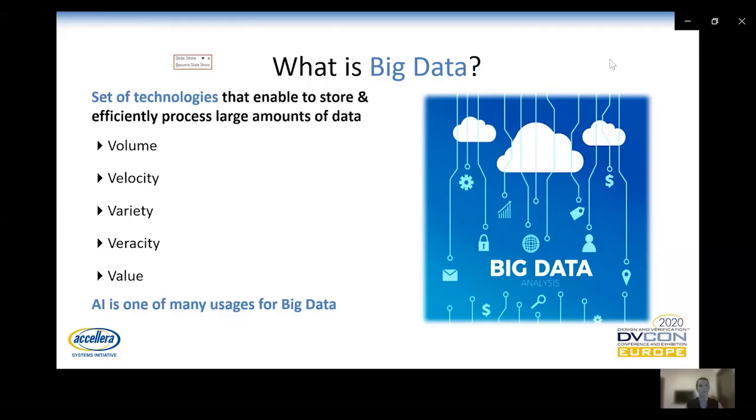The next one is talking about the quality of the data. It's not only important that we have tons of data. We need data that accurately represents the reality that we are trying to mimic using software. So veracity is talking about the quality, and last but not least, the value. What can be generated using that data.